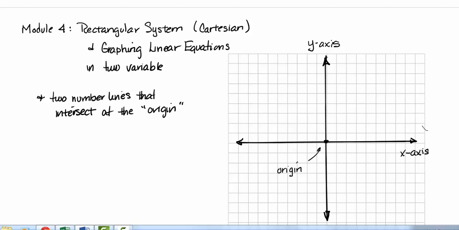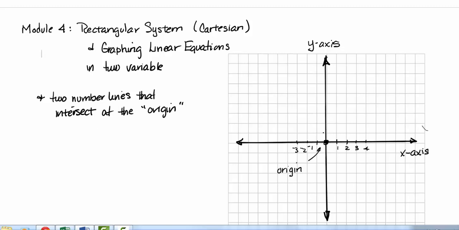So if you think of the horizontal line as just a number line, we have 0 here in the middle. Right here we have 1, 2, 3, 4, and so on. Here we have -1, -2, -3, and so on.